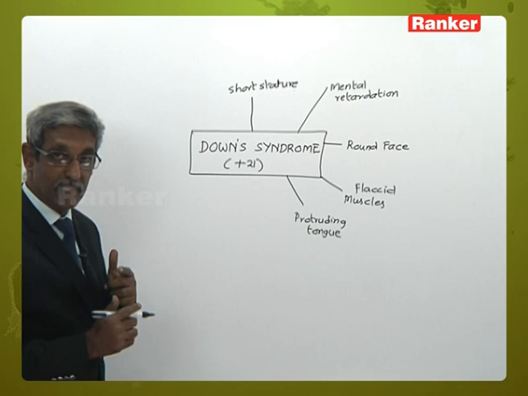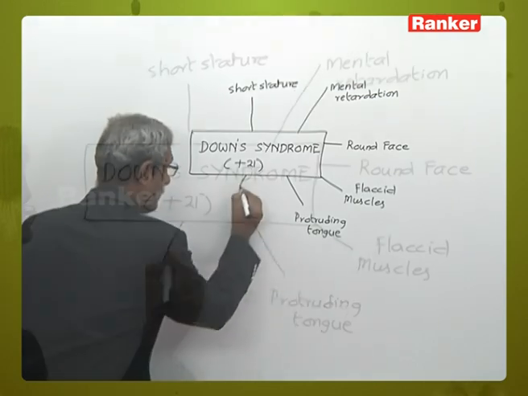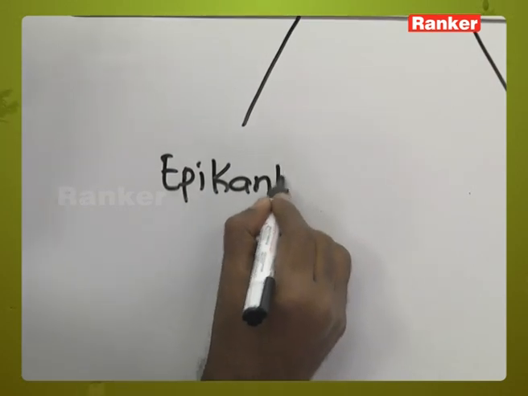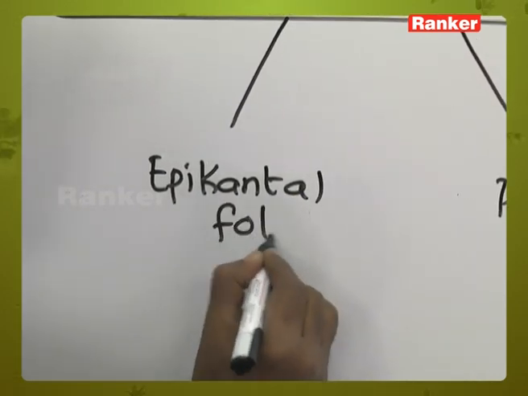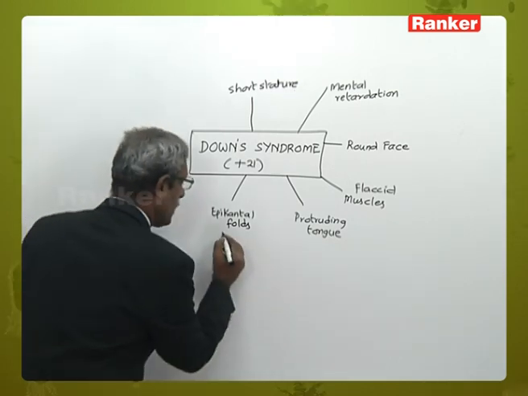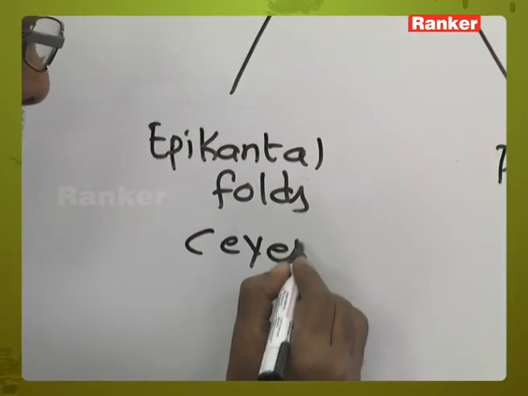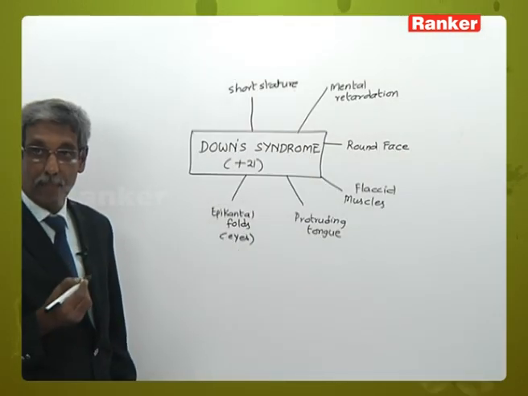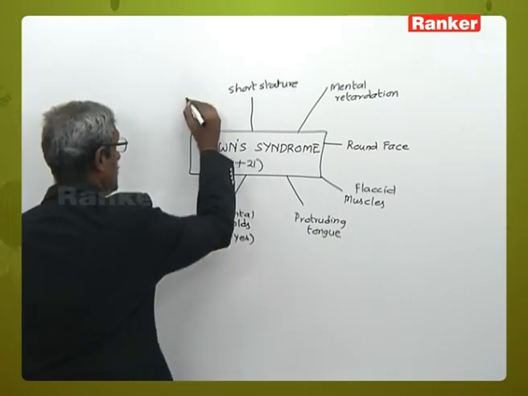Epicanthal folds are present on the eyes. That is webbing, epicanthal folds occur on the eyes. The entire syndrome is otherwise termed as Mongolian idiocy.